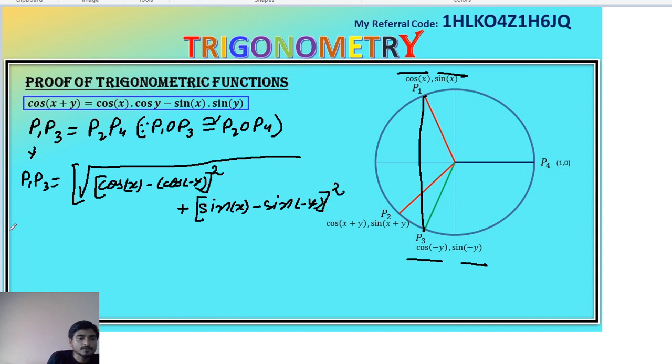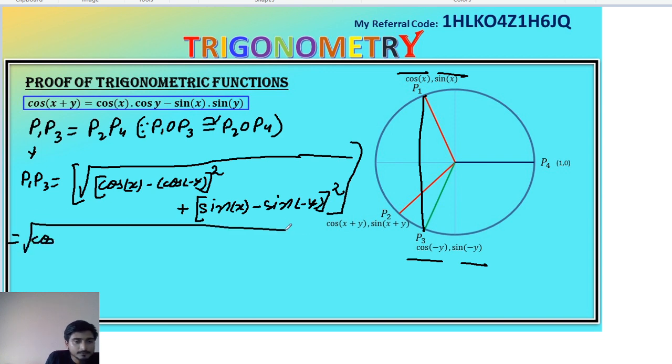Is it clear or not? Okay, so this root is for the complete thing. Now if I apply the a plus b whole square formula, I can easily write this as cos square x plus cos square of minus y, minus 2 into cos x into cos of minus y.